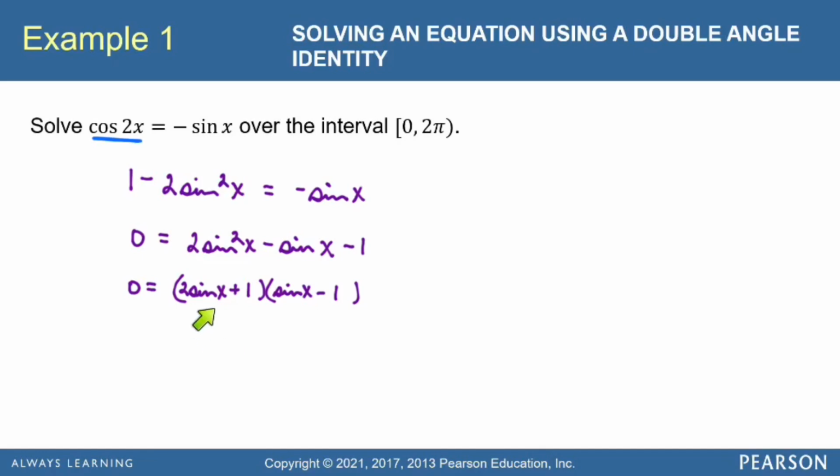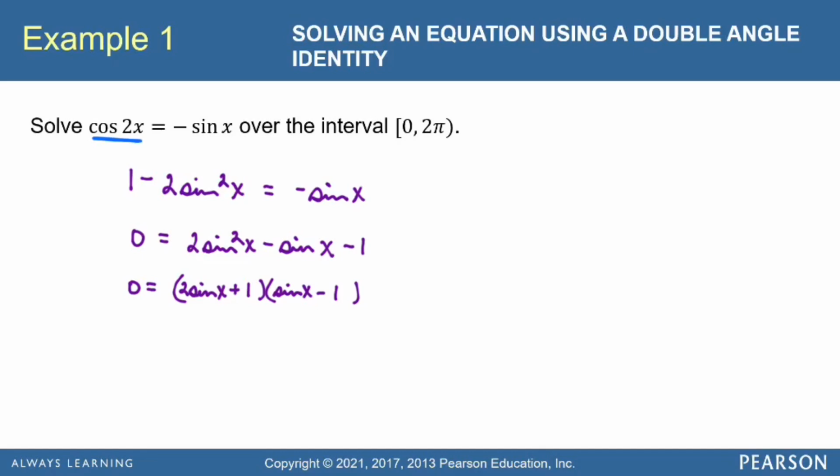Now let's add up the middle term and see if it gives us the middle term that we want. Outer times outer would be minus 2 sine x. Inner times inner would be plus 1 sine x. Negative 2 sine x plus 1 sine x does add up to negative 1 sine x, which is what we wanted. So we know that this factoring is correct.